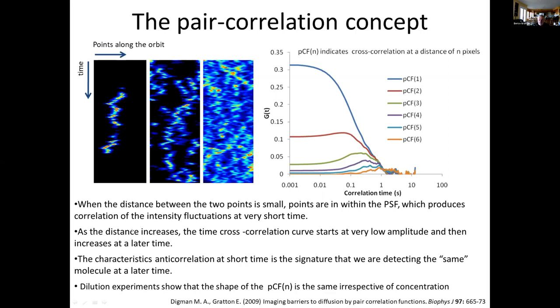So this is very different than the dilution experiment, because here we measure a cross correlation directly between one particle and another particle at a certain distance, while he was measuring the autocorrelation function at the same position.